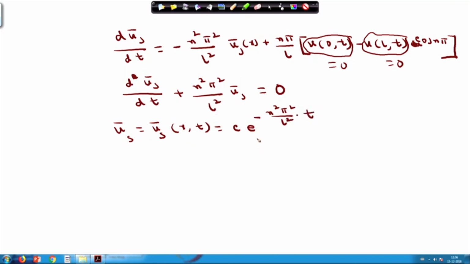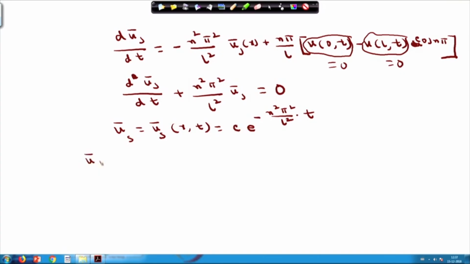So, I have to find out the value of this constant. So, u bar x t is equals to c e power minus n square pi square by L square into t, and the value of this constant I have to find out.